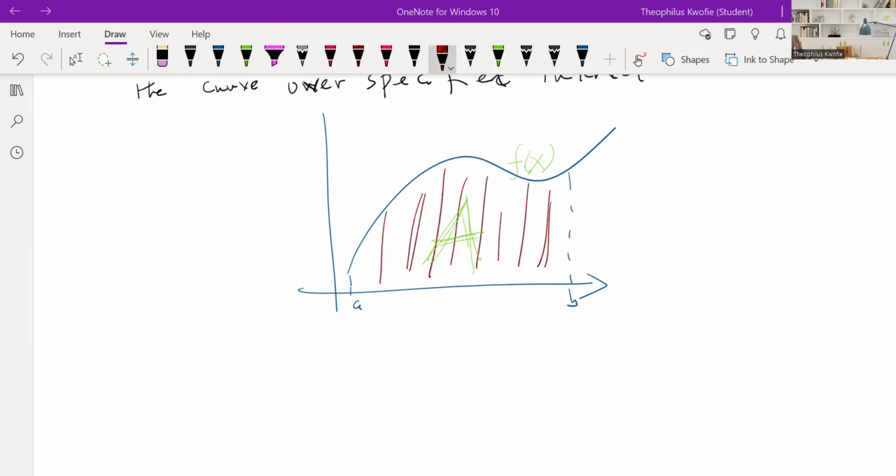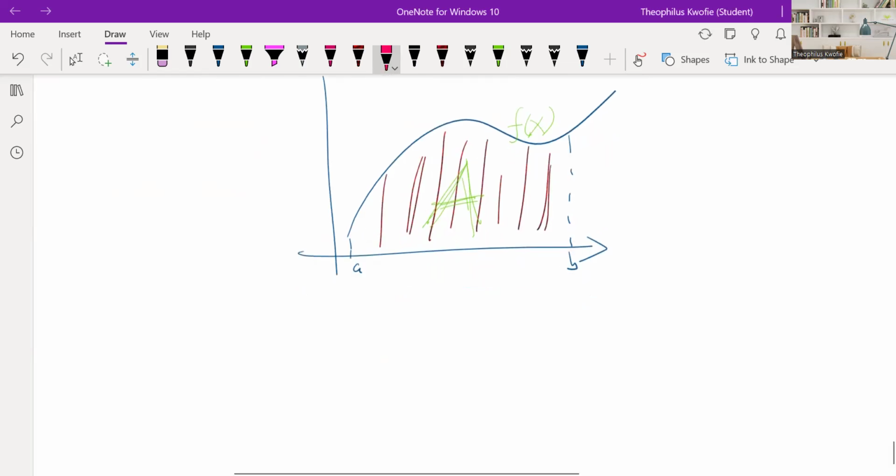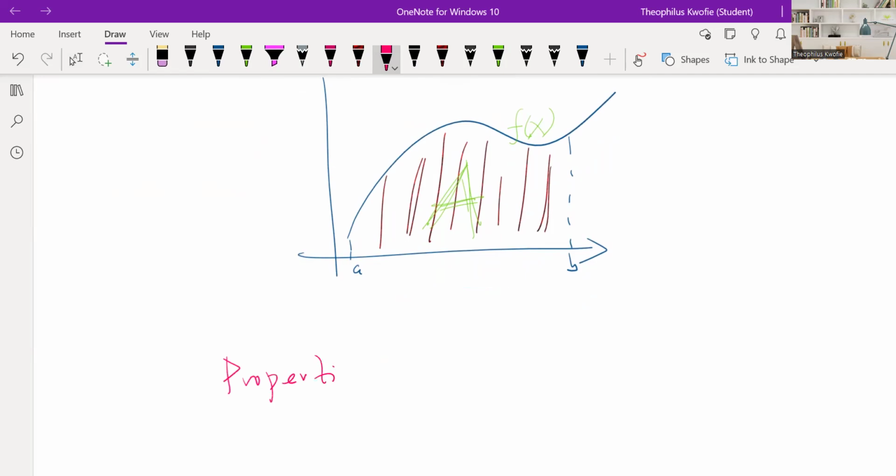Just like we had some properties for the antiderivative, in this case we also have some properties as well. So let's start. Some properties, or some laws, of a definite integral.